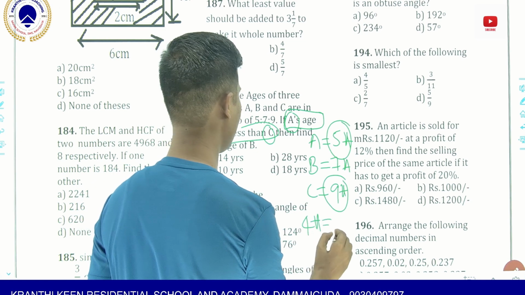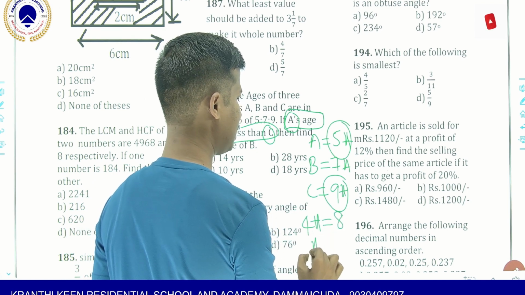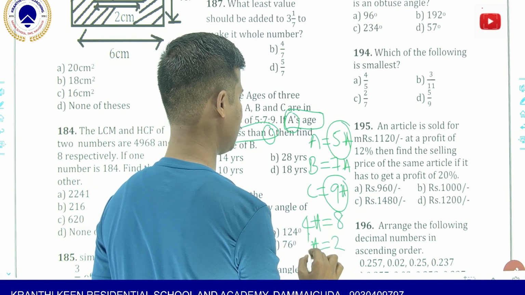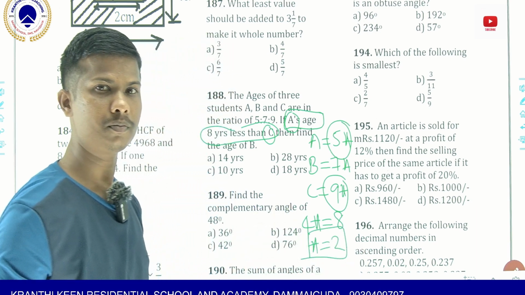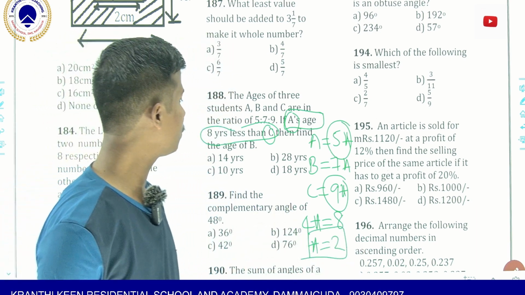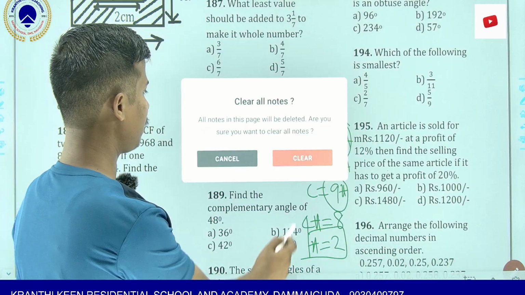The difference you will get is 8. x equal to 8 by 4, which is 2. That means the fixed quantity is 2. You have got that value as 2.